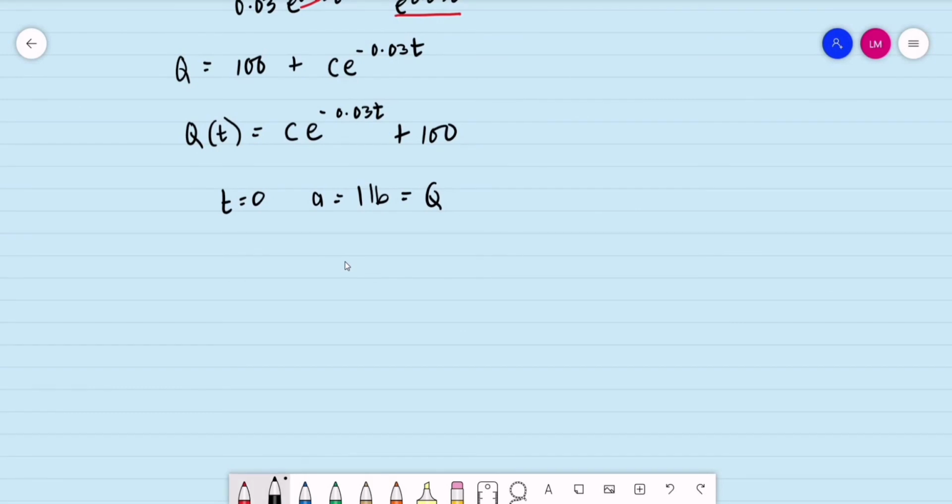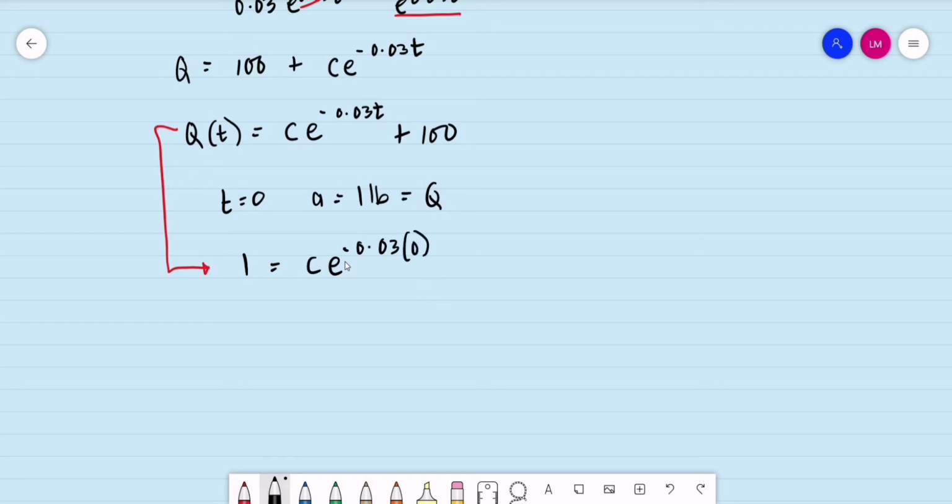So we substitute from this equation: the initial amount of salt, 1 pound, is equal to C times e raised to negative 0.03 of t. At time equal to 0, we substitute. What is the value of time?